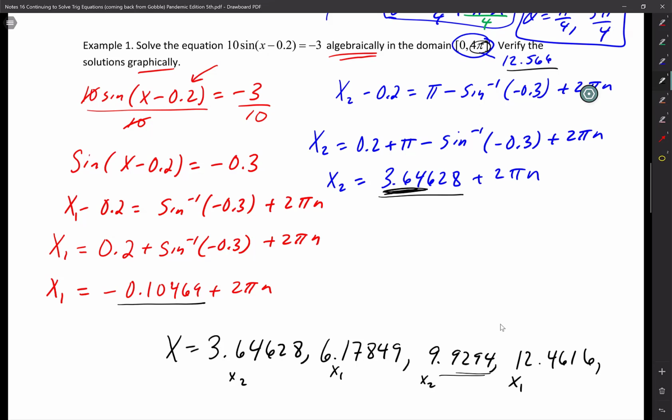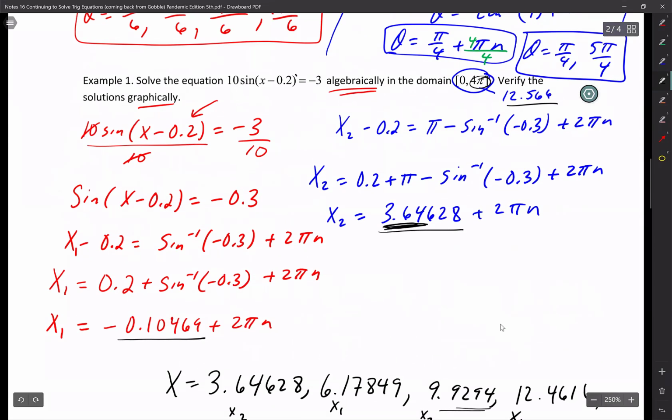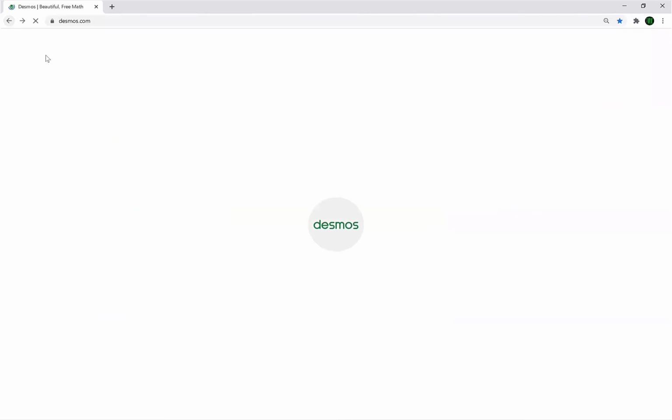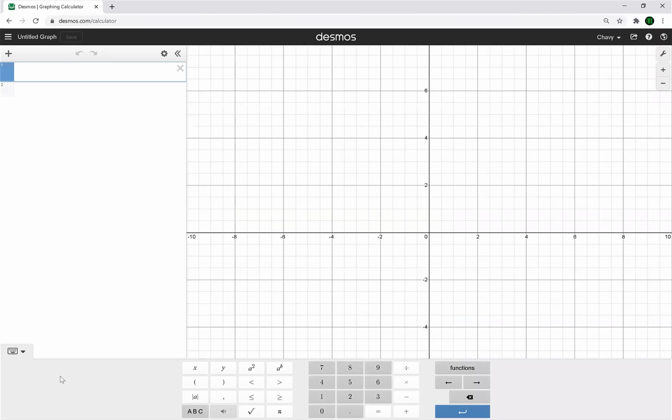So that's it. Those are my 4 answers, and I'm going to check it graphically. It's easy to check it graphically, guys. Just type this one into Y1 and type that into Y2 in your Desmos. So I'm going to go back to Desmos again, and I'm going to click back. I'm going to push graphing calculator. And let's see if I remember the equation here.